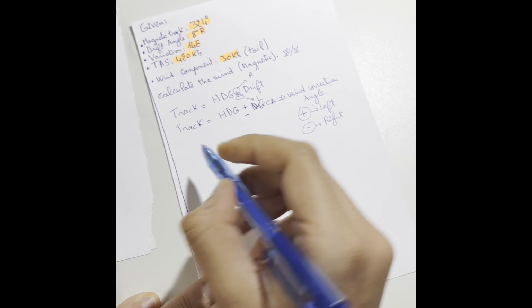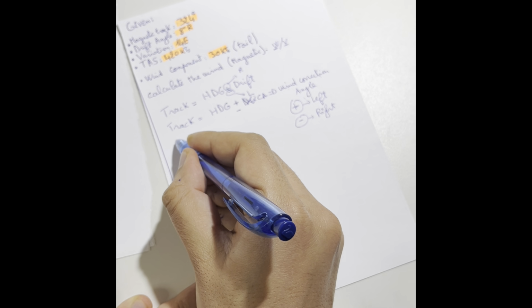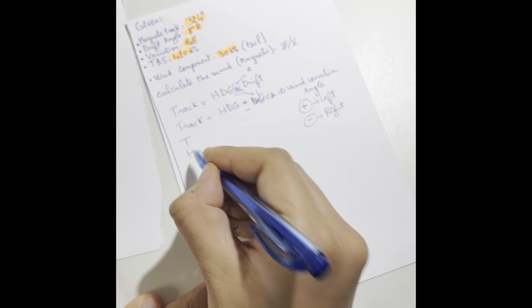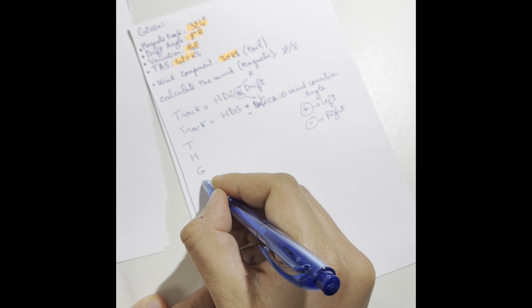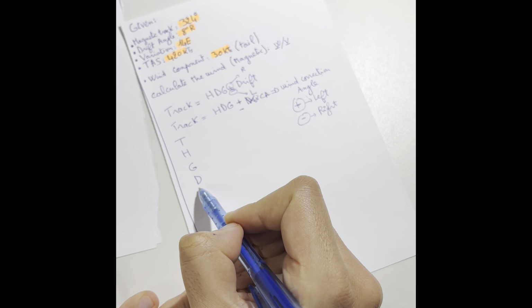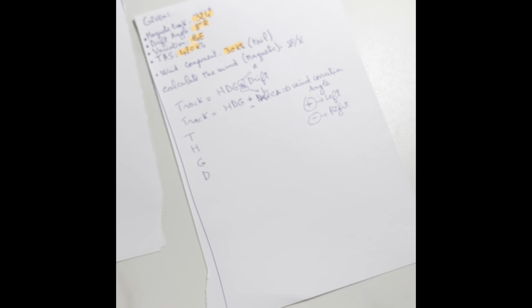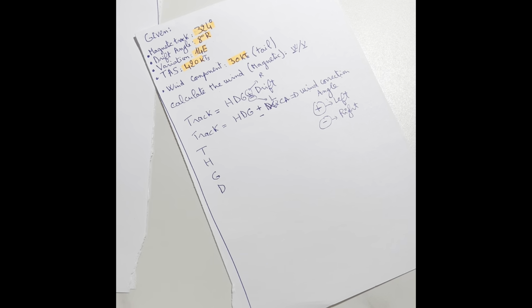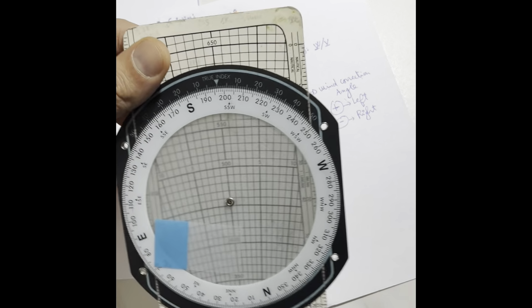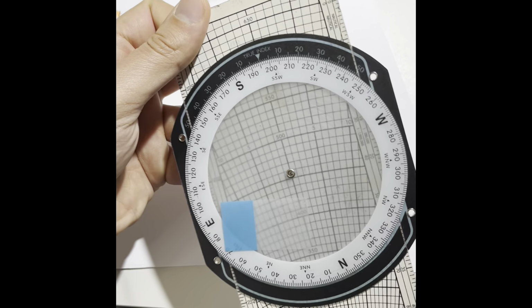Now, for this, first thing you should always do is THGD. You need these 4 components to work out the wind direction from your flight computer, basically.